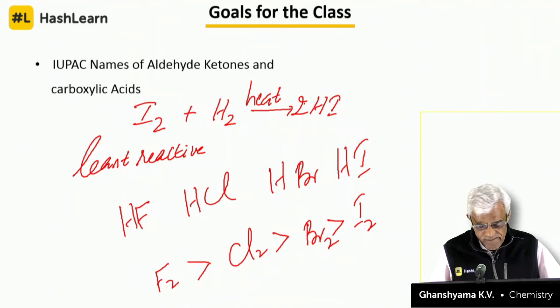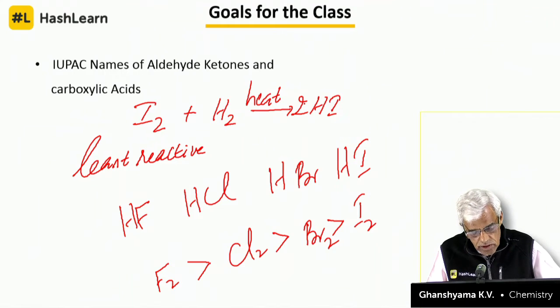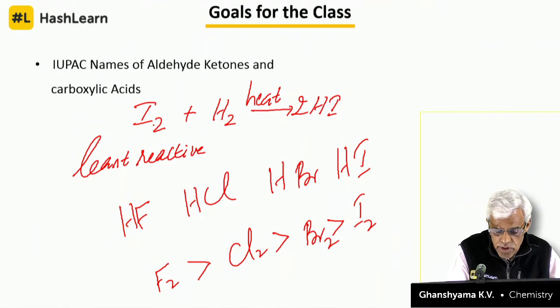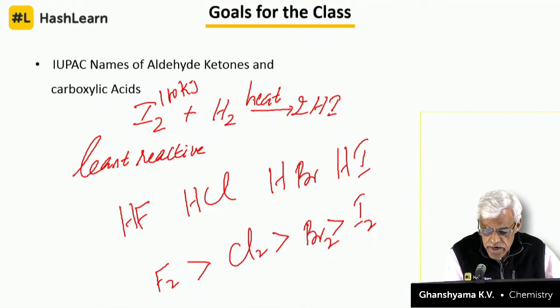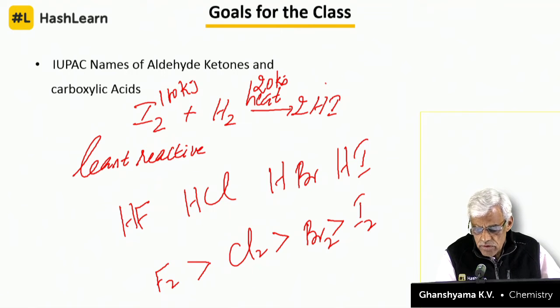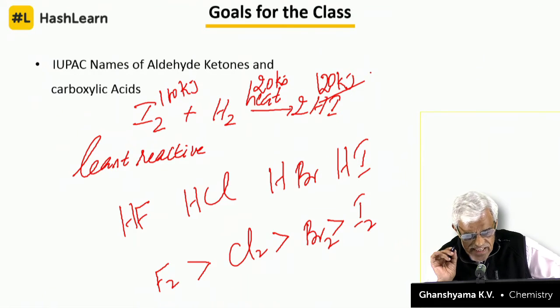Now, let us say, do not take it in the literal meaning. Let us say iodine has the energy of say 100 kilojoules. Plus heat, let us say you have to supply about 20 kilojoules of heat, then this HI will have 120 kilojoules of energy.